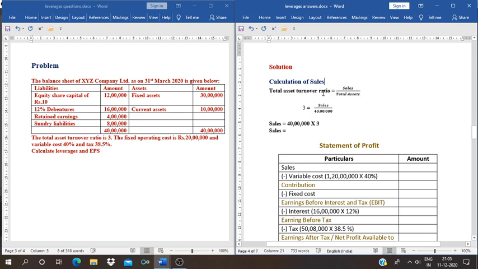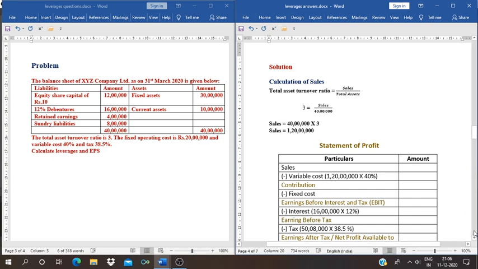The ratio is 3, and sales we don't know. Total assets, given in the balance sheet, is 40 lakhs. Now simplify: by cross multiplication, sales is equal to 40 lakhs into 3, which means 1 crore 20 lakhs.